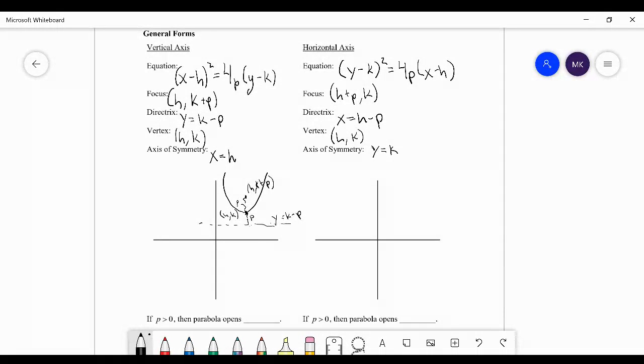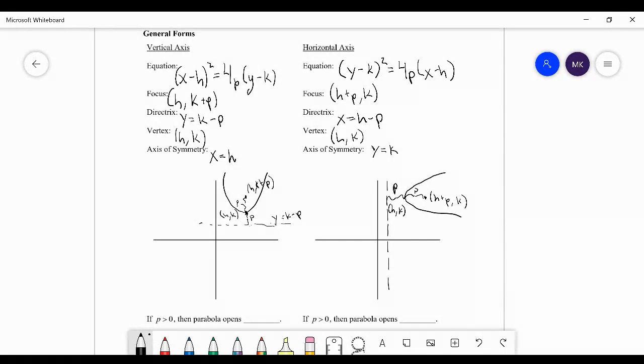In our graph of this, again, these distances here are p and p. Our vertex is still at the point h comma k. This point here is at the point h plus p comma k.